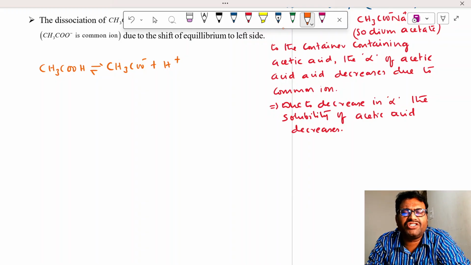No doubt the destiny of a reversible reaction is to attain equilibrium. Yes, it is in equilibrium.